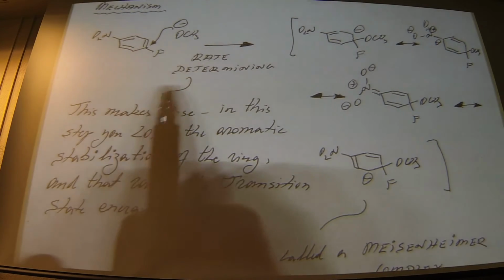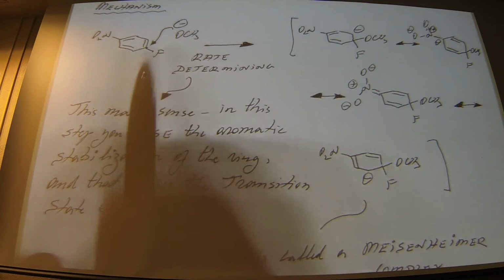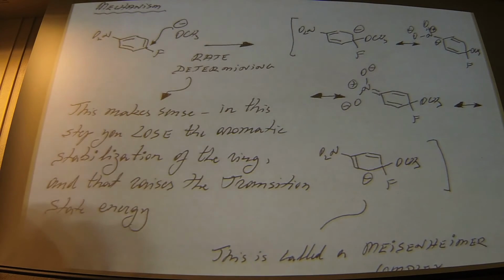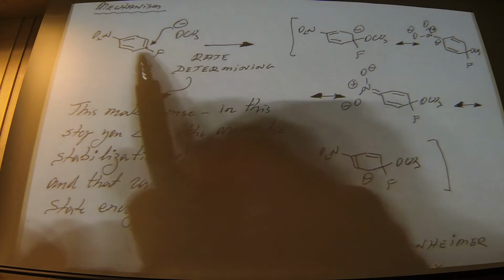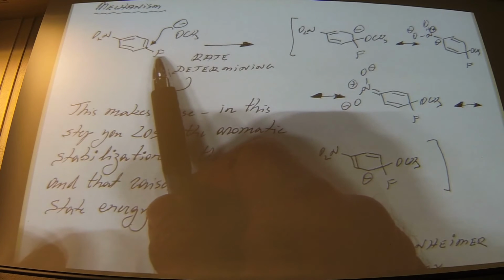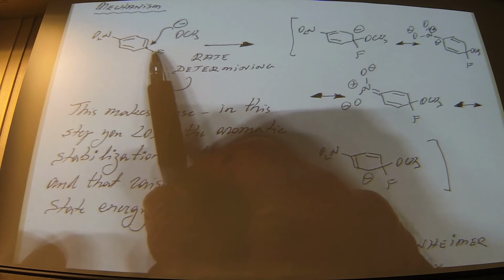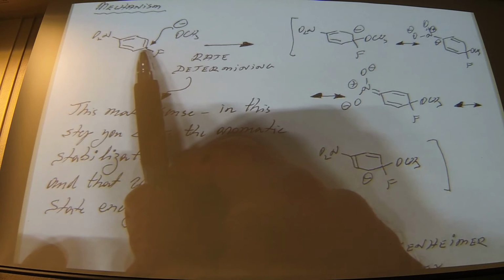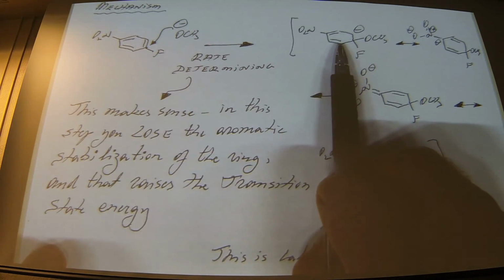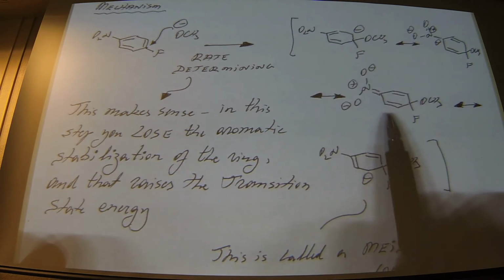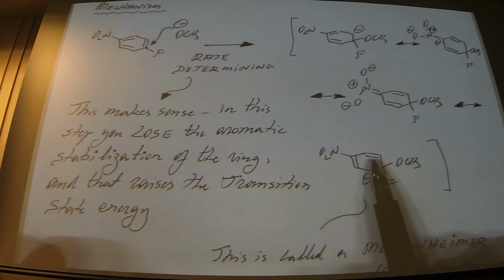So, what's the role of fluoride? Well, why is fluoride faster than chloride? Well, because fluorine is more electronegative, right? And so the fluorine pulls electron density out of this sigma bond, and so it induces a delta plus where I'm pointing. It also stabilizes this intermediate by an inductive effect.